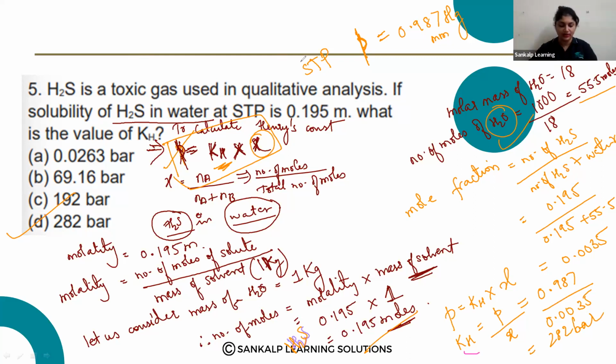Did you understand this particular question? Yes. Ma'am, is 0.987 applicable for everything? Yes, it is the standard pressure. It is given as standard pressure, so it is applicable at standard temperature and pressure.